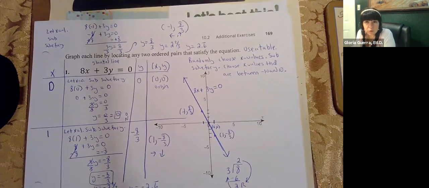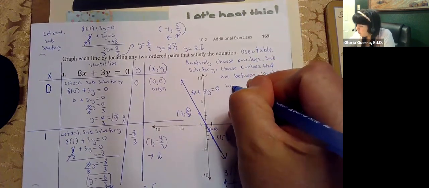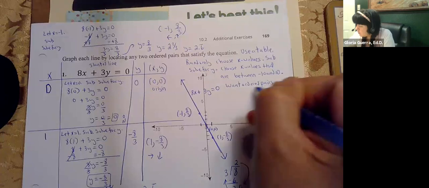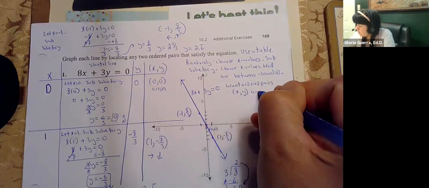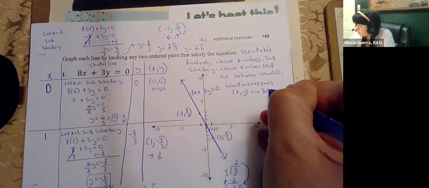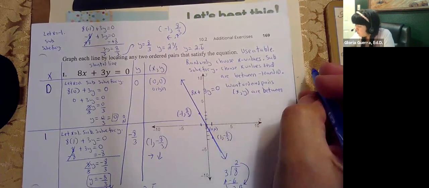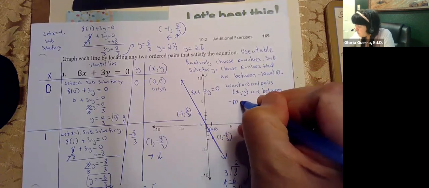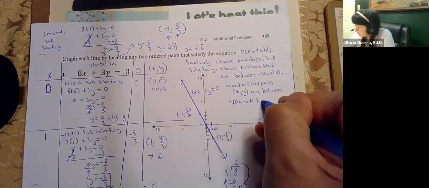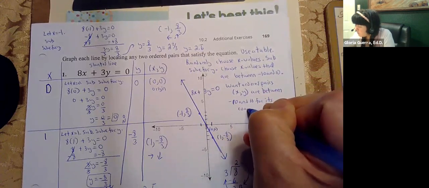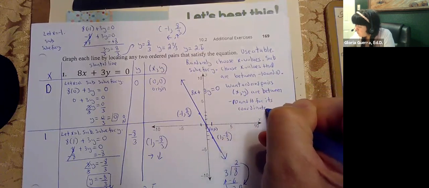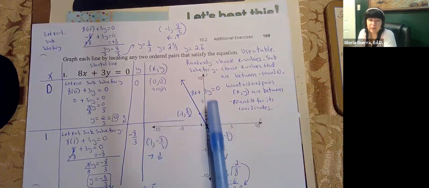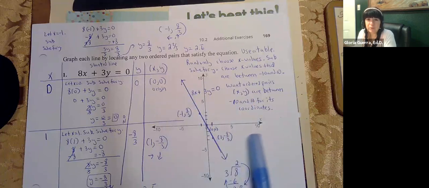But when you're choosing your y's, you also want ordered pairs, x, y, that are between -10 and 10 for their coordinates. You want to stay within the lines, within the grid, 10 by -10.